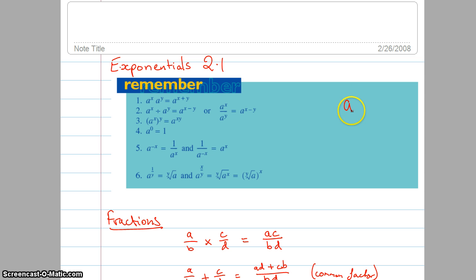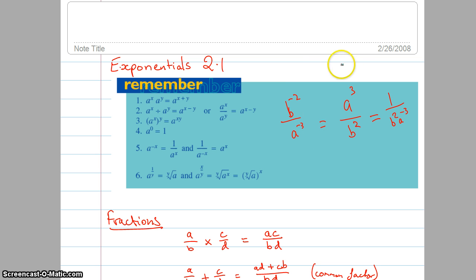So for example, if you've got a to the 3 over b to the 2, that can be the same as 1 over b to the 2 a to the negative 3, and that's also the same as 1 over b to the negative 2 over a to the negative 3, and so on. There's lots of different combinations.